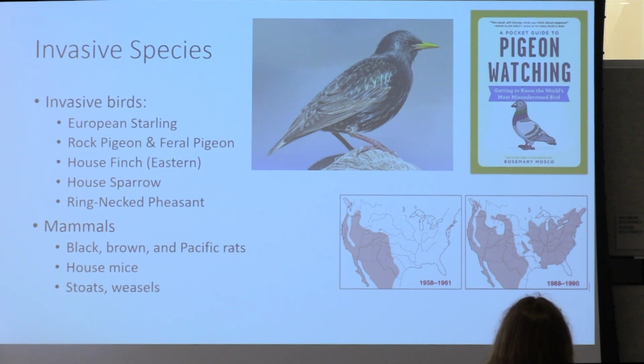House finches as well. This little map down here shows the original range of house finches, which is the western US down to Mexico. Then house finches went across to a pet store in Rhode Island, I think. They got released from that pet store because the pet store wasn't supposed to have them, and so instead of being fined, they just released them.